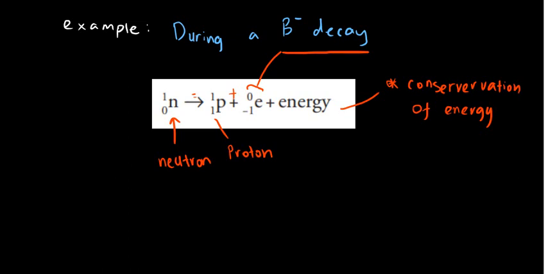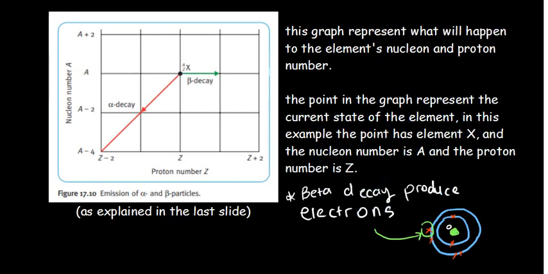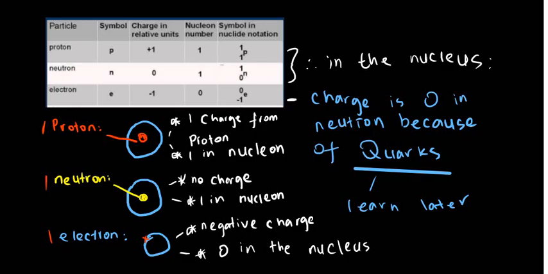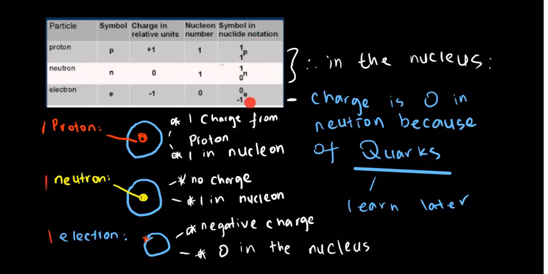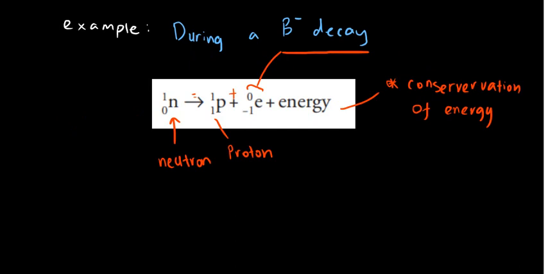During a negative beta decay, it will produce a proton and electron. P and E. If you want to know how much nucleon, proton has 1 nucleon, here, 1. An electron has 0. So the total sum of 0 and 1 is going to equal 1.